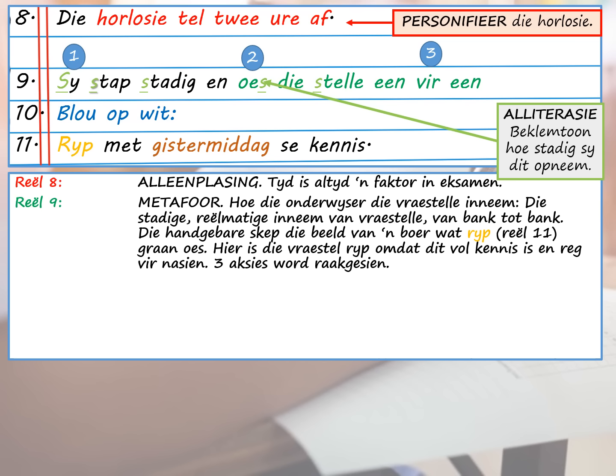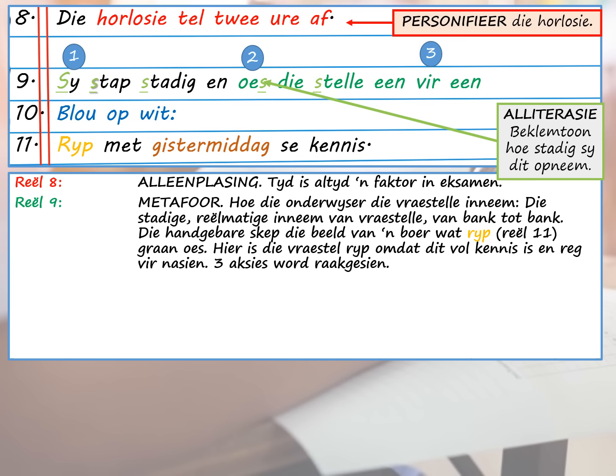Now there's a metaphor in line 9, and the metaphor is that the teacher who's taking in this exam paper slowly, systematically, one by one, row by row, learner for learner, basically gives you this idea of a farmer with a harvester, taking in the ripe papers.